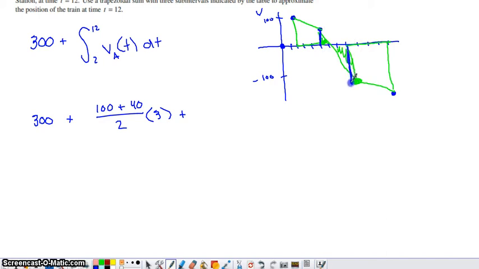Sorry, this looks a little sloppy there. So this is going to be v of 5, plus v of 8, and I believe v of 8 from the table is negative 120.